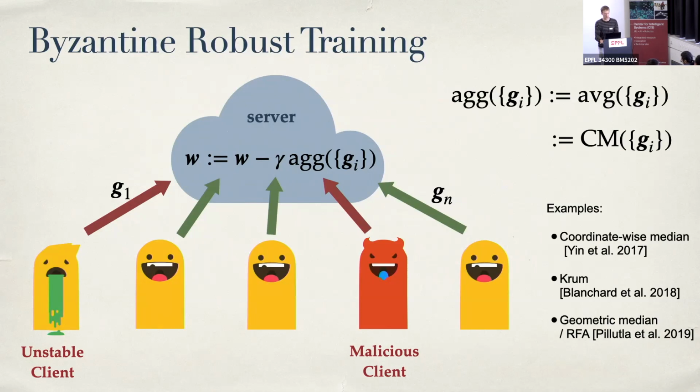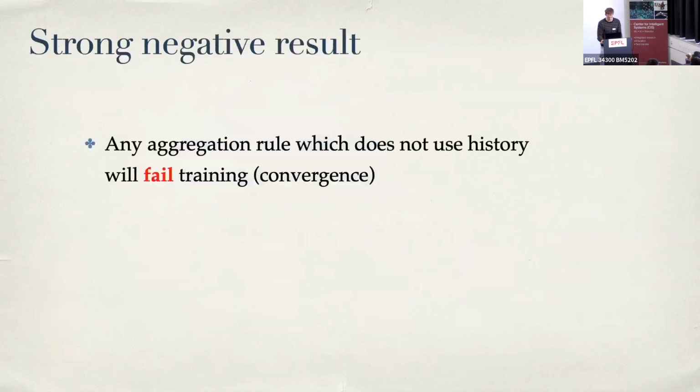The question now is, could we analyze it? Could we still say that the new algorithm converges with good workers, and also that it converges in the presence of bad workers?